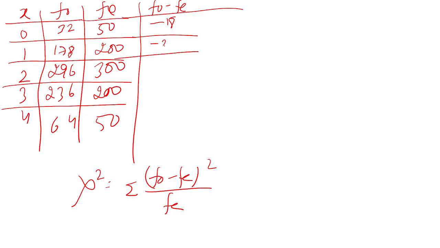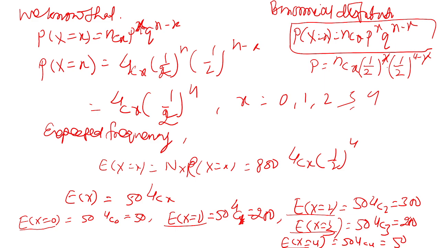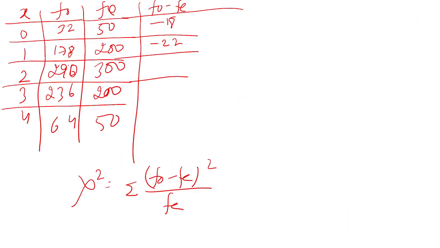Then minus 22. Then 290, so minus 10. 236 plus 200, so it's going to be 36 and 40.